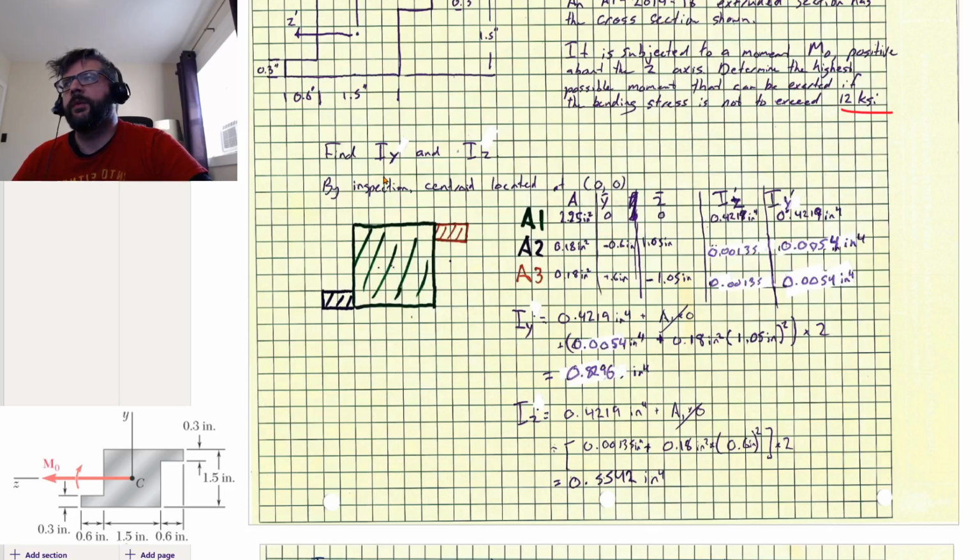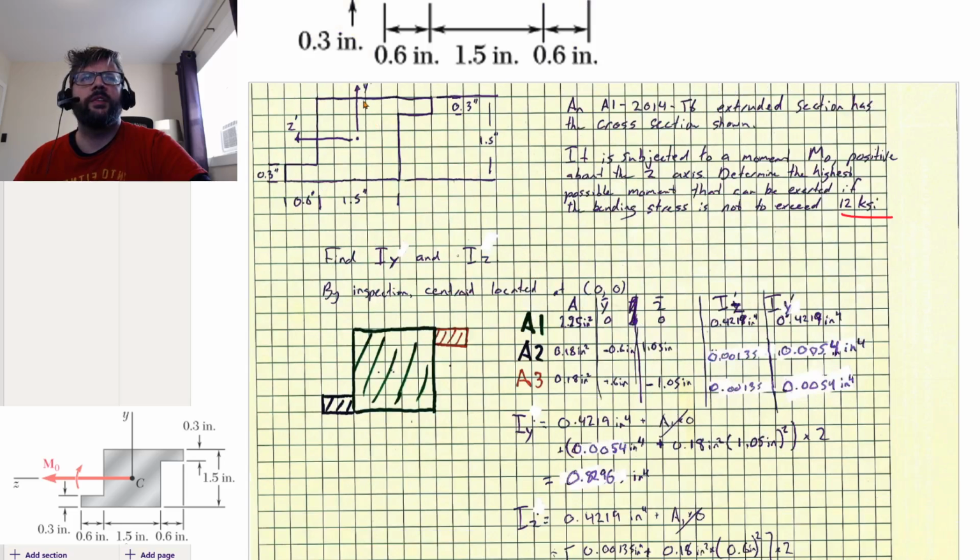The first thing we're going to want to do is find the IYs and IZs, in relation to the original coordinate system that was put in place. So our y-axis is here, our z-axis is here, and obviously the x-axis comes out this way. So we need to find those initially, and then we're going to transform those later on.